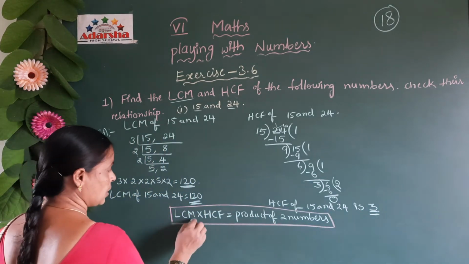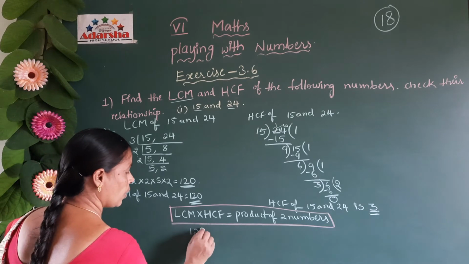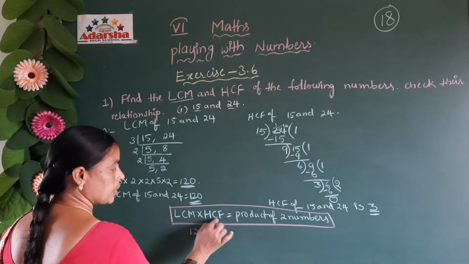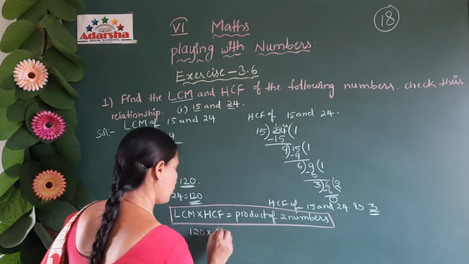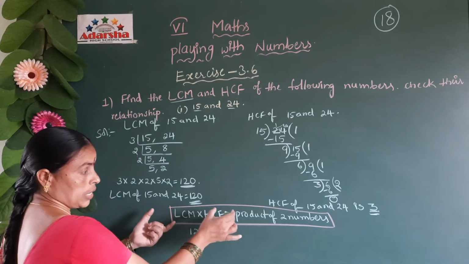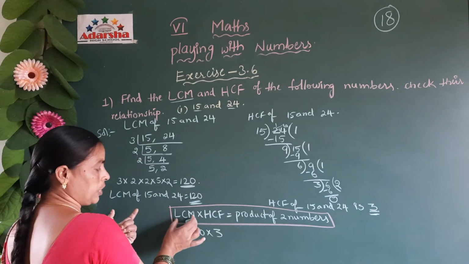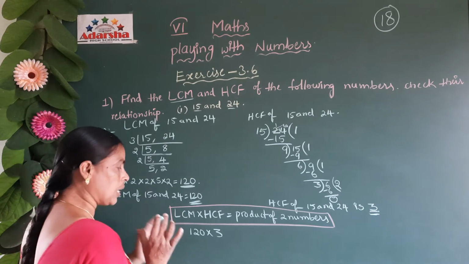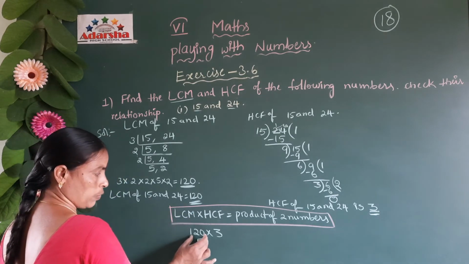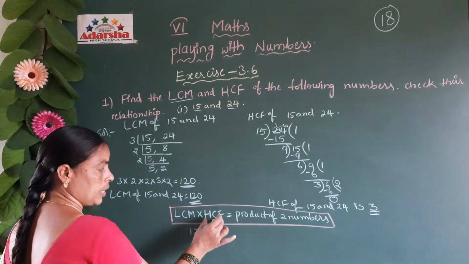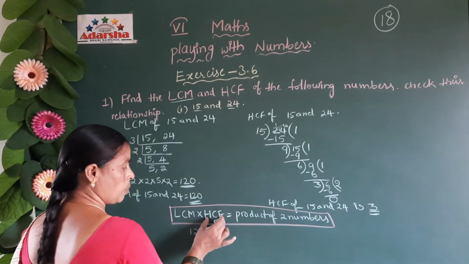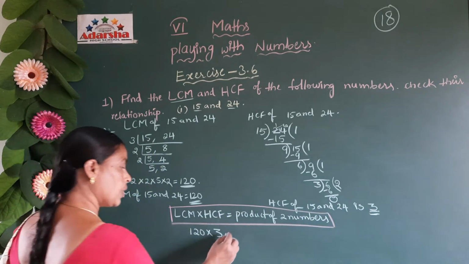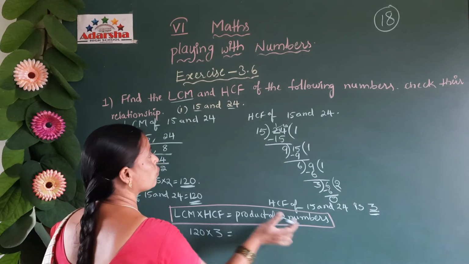LCM we got is 120, into HCF, which is 3. You have to substitute: LCM is 120, HCF is 3, and that is equal to the product of two numbers.